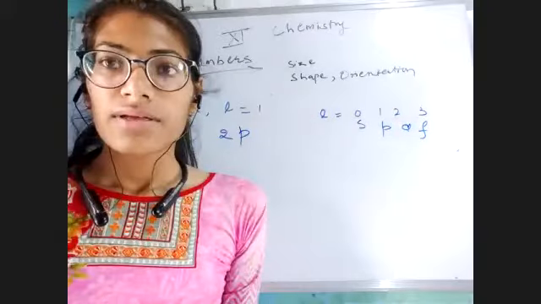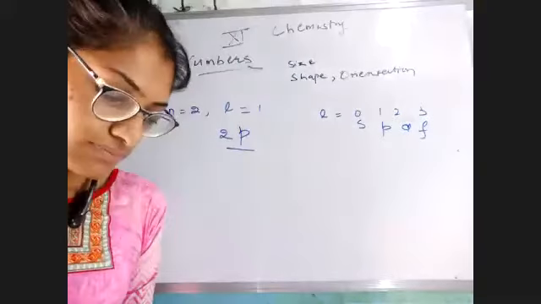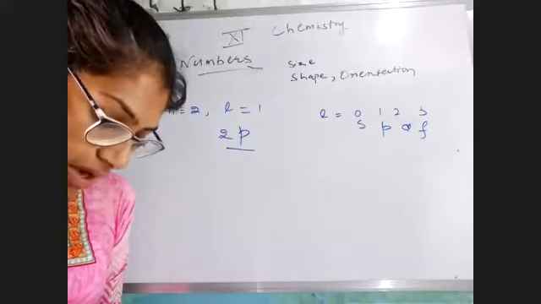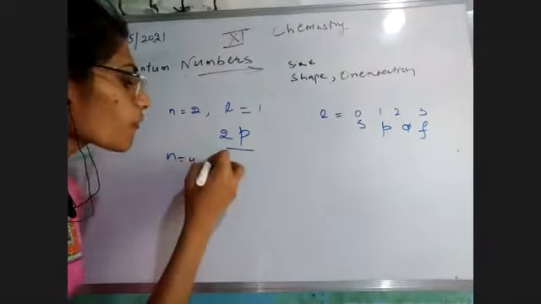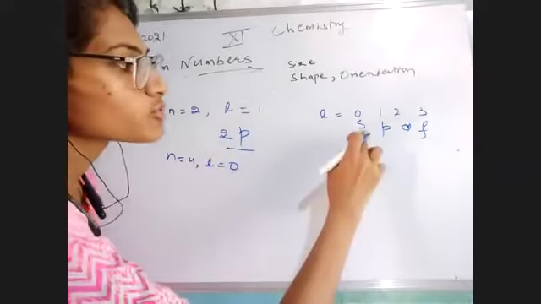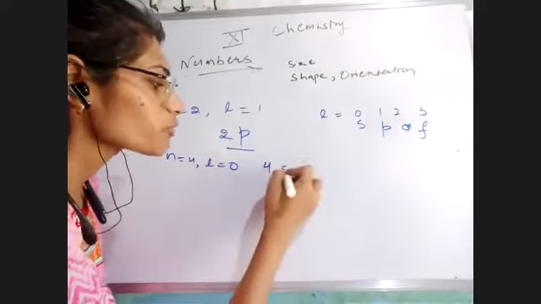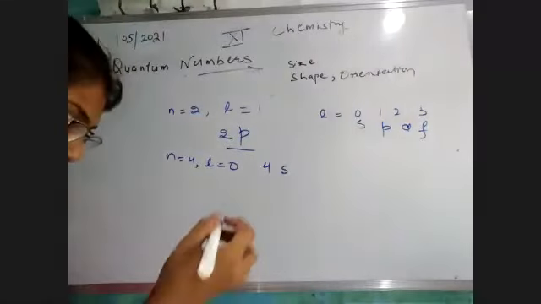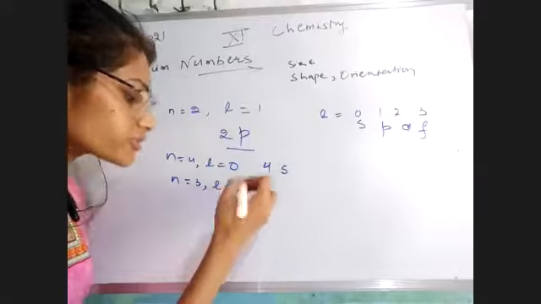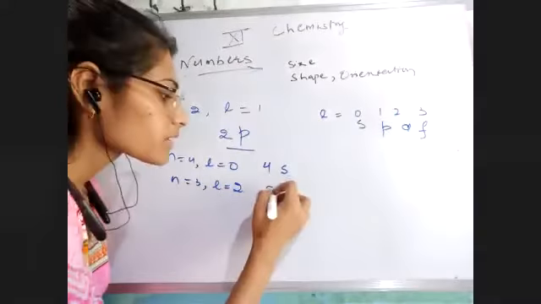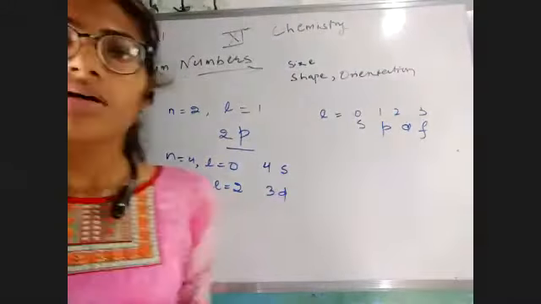With n equals 2 and l equals 1, the orbital would be 2p. Okay, now let's have another question. n equals 4, l equals 0. l equals 0 represents s, so it would be 4s. Similarly, n equals 3, l equals 2 would be 3d.